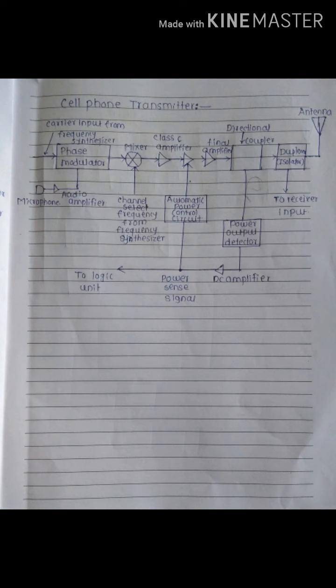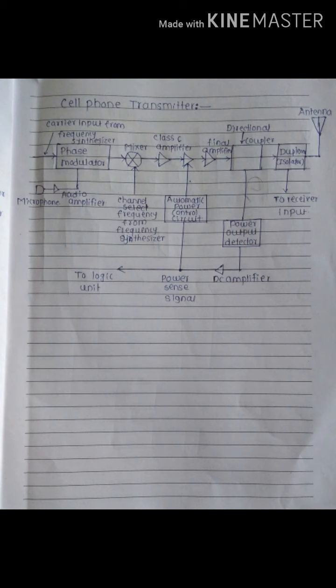The carrier is obtained from a frequency synthesizer and applied to the phase modulator along with the amplified voice signal. The frequency synthesizer output is given to the phase modulator, and the microphone or audio amplifier output is also given to the phase modulator.